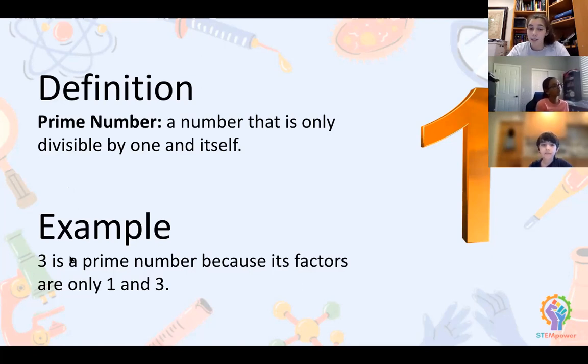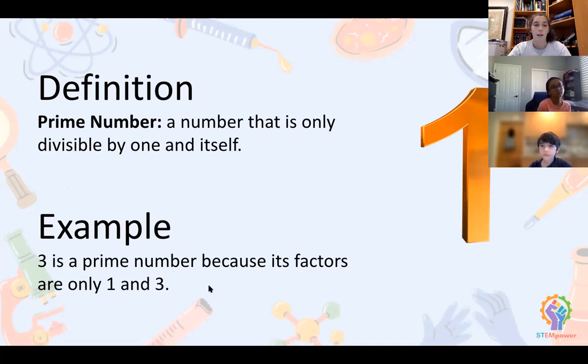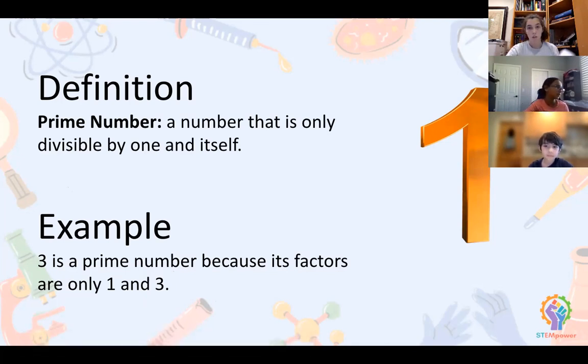So 3 is a prime number because there are no whole numbers that can go into 3 other than 1 and 3. So itself and 1. Do you guys know any other examples? 7, 1 and 7? Yeah, exactly. So 1 and 7, but nothing else can be multiplied.